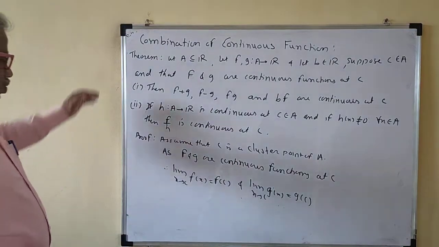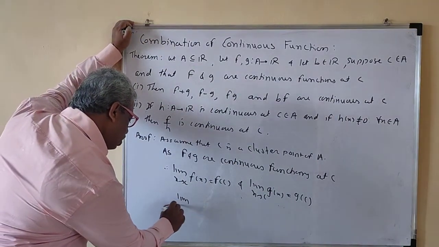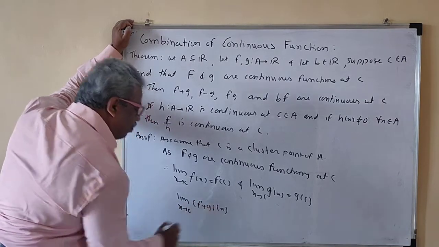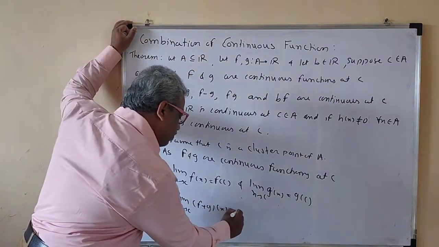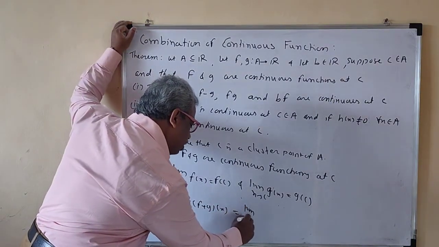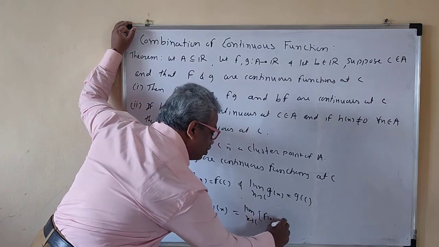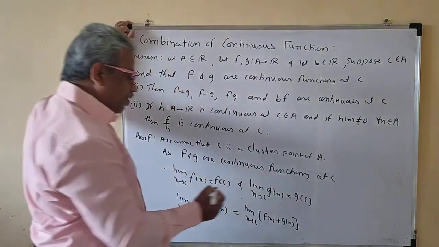Now we will do the first one. Limit x tends to c of (f plus g) of x is the same as limit x tends to c of f of x plus g of x. The limit of a sum is the sum of the limits.